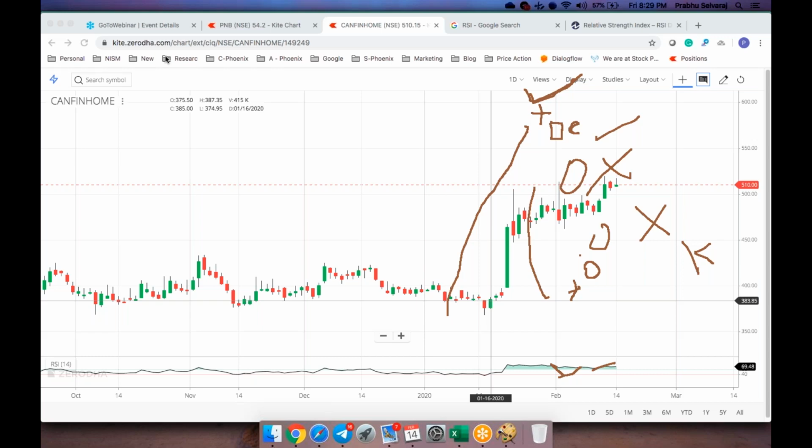Similarly, we'll add on the MACD. Then later we will add on the moving average, then pivot points. After 5 days of this phase, you will say, I know this stock does not have an entry. I need not make an entry on this particular stock. That's so simple.